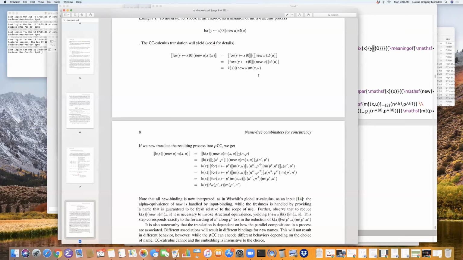So in this particular example, you don't have huge growth. But in other examples where you have a lot of nested for comprehensions, you get pretty hefty growth. So in particular, the input guarded abstraction is giving you a lot for free in terms of program compression, and so that's really a useful thing to know.